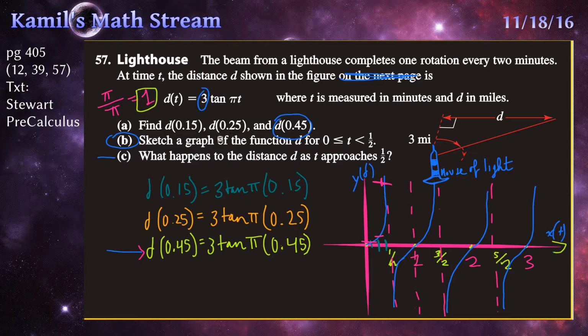Actually, 0.25 would have been 1 if our amplitude, or whatever this is, were 1. But since that is 3, we have to multiply it by 3. So d at this point would be equal to 3.